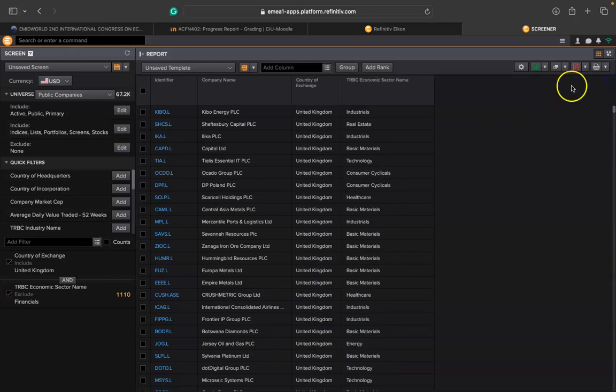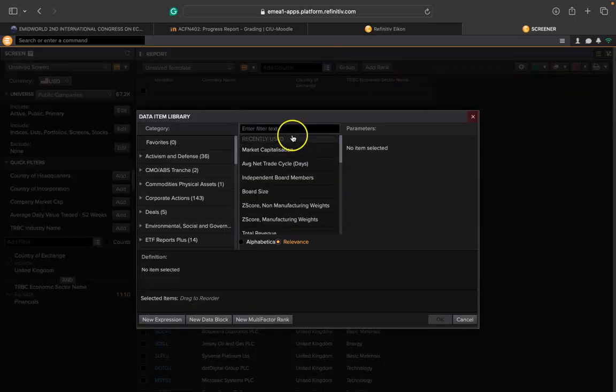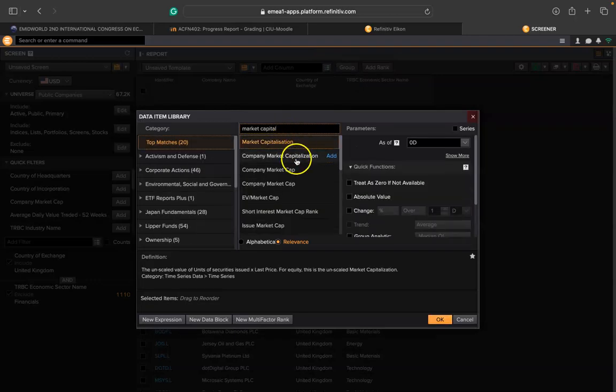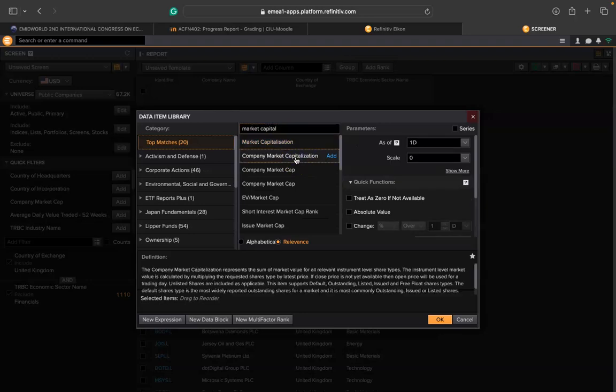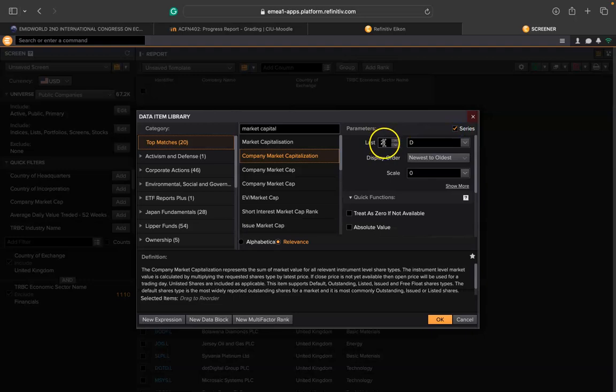Sometimes it's creating problems. So recently, market capitalization. Let's try this one: Company market, sum of market value of all instrument types. Let's include 10 years and let's say fiscal year and click OK.